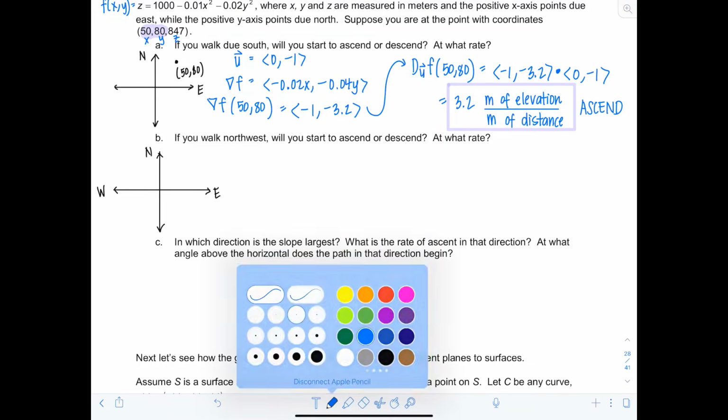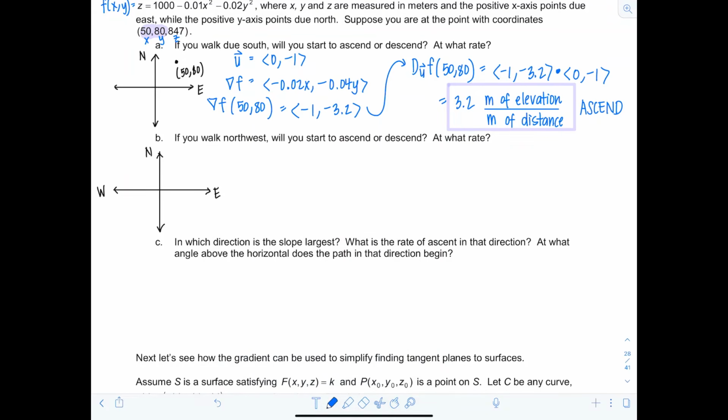Okay, so if you're walking northwest from (50, 80), what unit vector could you use to say this direction right here? Well, the components would be (-1, 1), but then make sure it's a unit vector, so I would divide by root 2. So you would have components 1 over root 2 times (-1, 1).